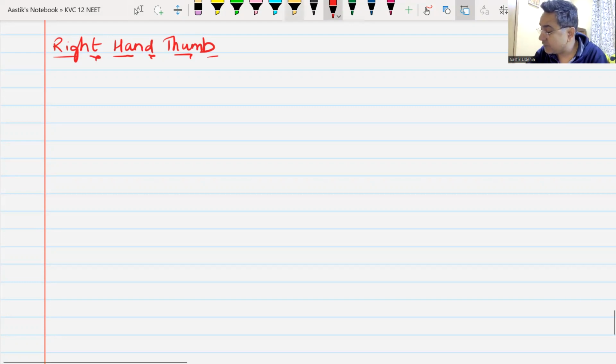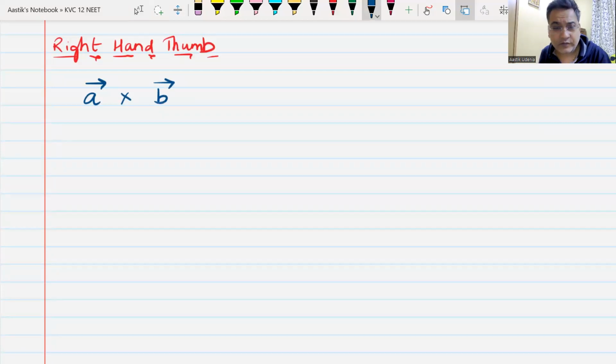Suppose I have to find out the direction of A cross B. So what do I do? You have your right hand. Everyone has just one right hand. You point your thumb in the direction of the first vector, which is your A vector. You spread your palm in the direction of the second vector.